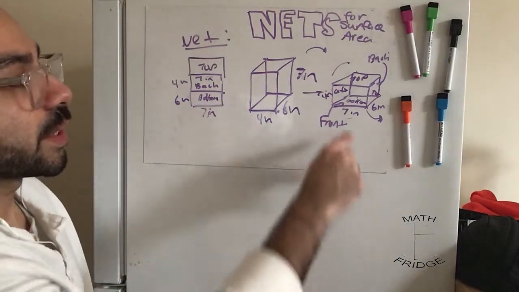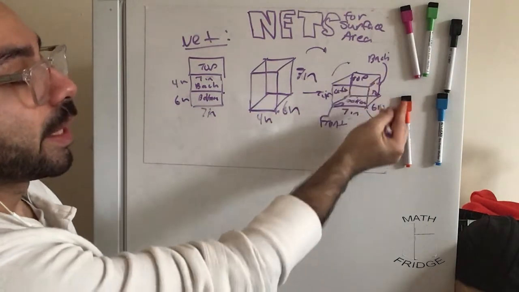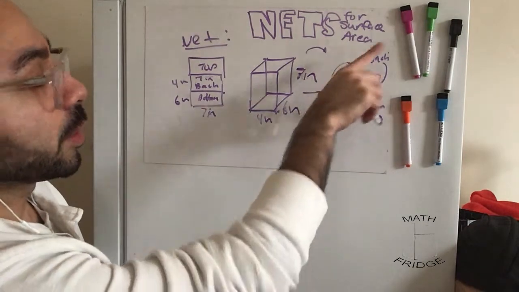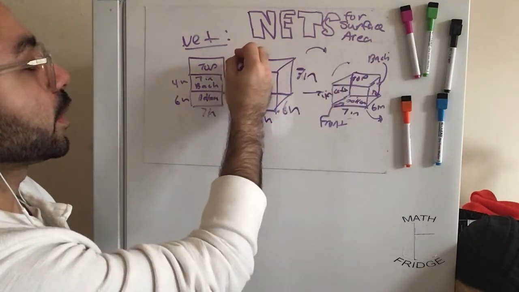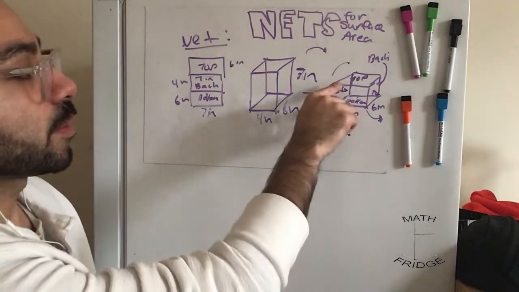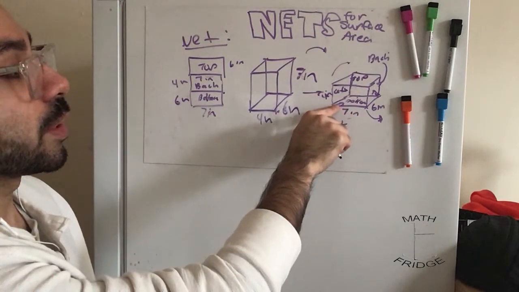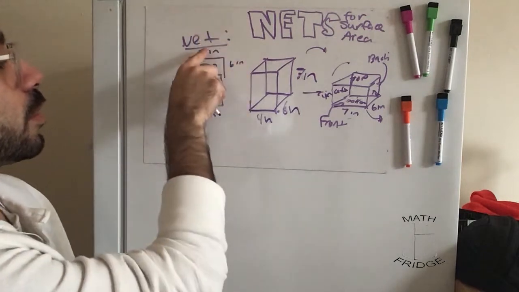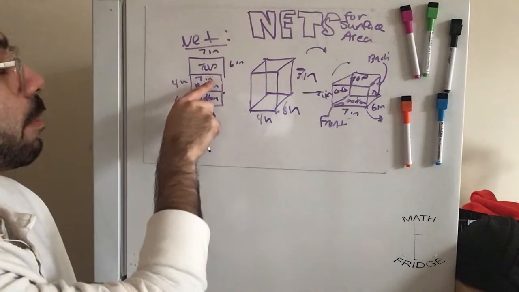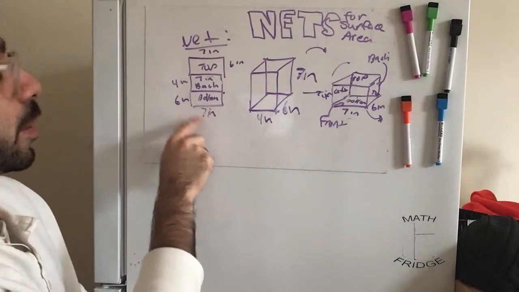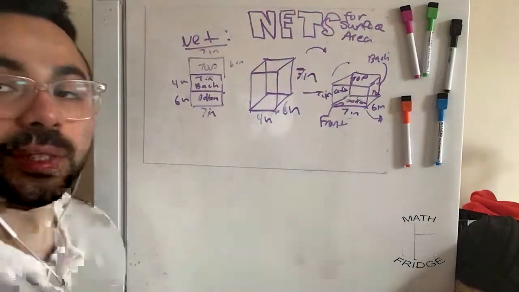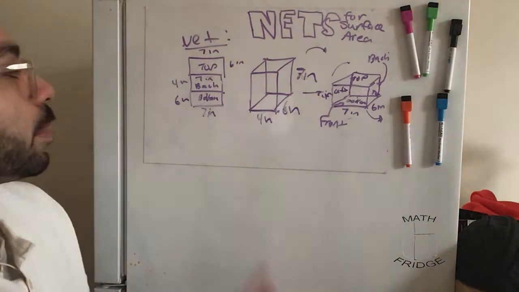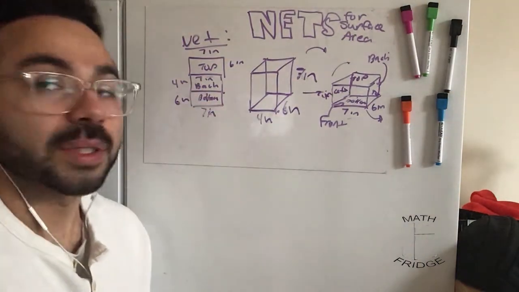The length of the top is similar to the length of the bottom, and it's opening up that way, so I'm going to write 6 inches there. And the top section here is similar to the width of the bottom section, 7 inches, so I'm going to put 7 inches there. So top has 7 and 6, back has 7 and 4, and the bottom has 7 and 6. If it wasn't apparent already, based on the length, we can determine that the bottom and the top are going to have the same area.